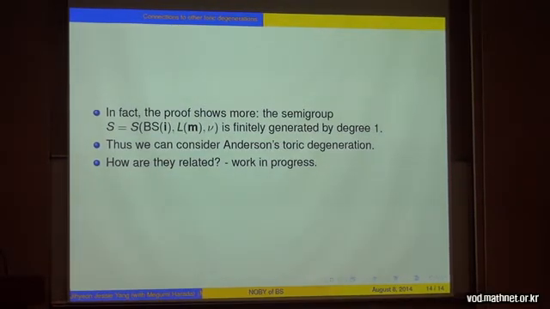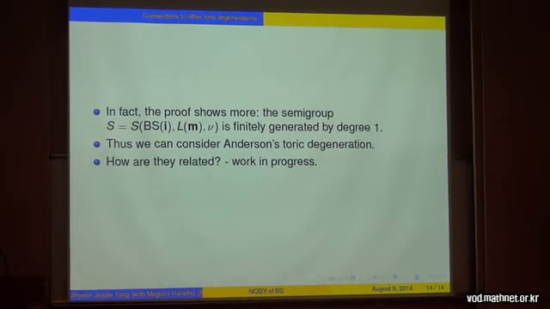David Anderson said that in this case, there exists a toric degeneration of the Bott-Samelson variety with L very ample line bundle. So it's a natural question how they are related: Pascal's toric degeneration and David Anderson's toric degeneration. We are still working on it, in progress. But one thing to say is that Anderson's toric degeneration is somehow extrinsic.